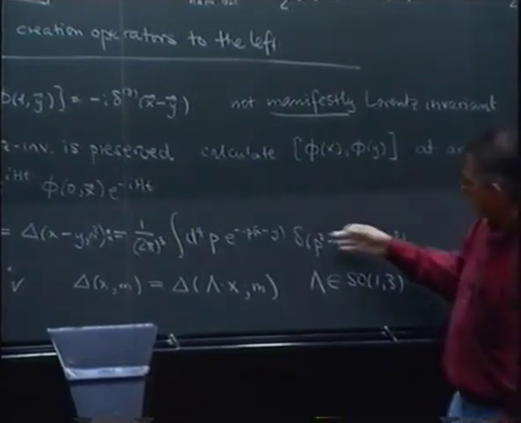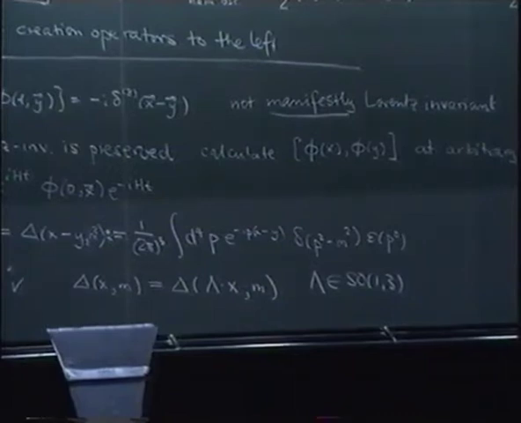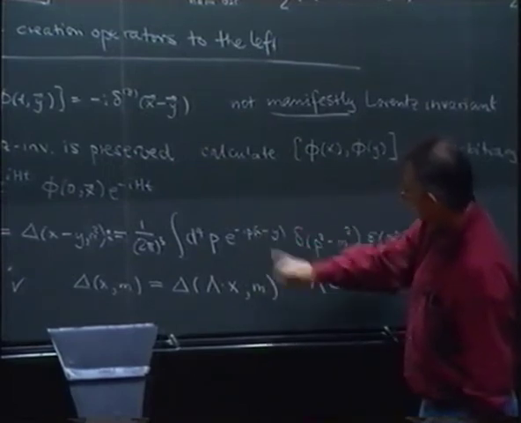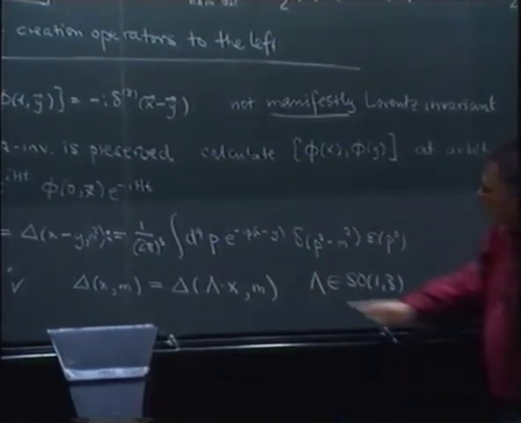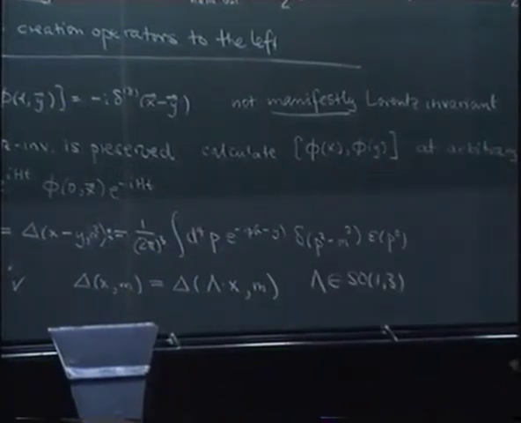Well, this is a little bit of calculation, which I won't do. This is something you can also look up in the books. But basically the reason you can do this is that you have a Lorentz invariant scalar product. This is, of course, a Lorentz invariant four volume. This expression is Lorentz invariant.